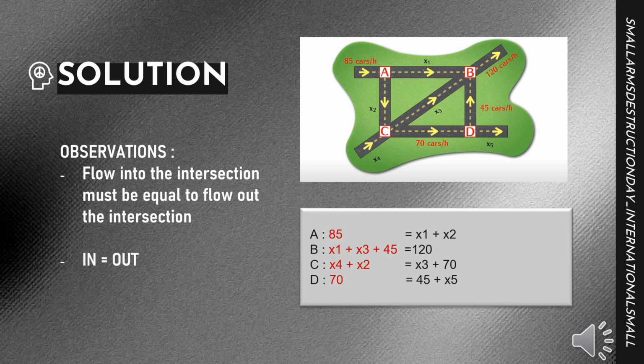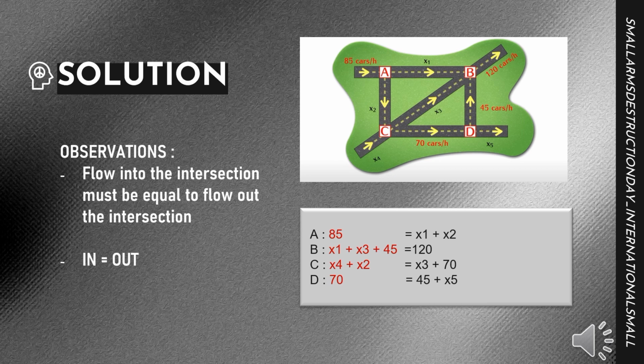Now, we will use these two observations to set up some equations. The first one is that flow into the intersection must be equal to flow out of the intersection. And the next one is that total flow in must be equal to total flow out. Based on the observations, for intersection A, it has only one street that brings cars in, which is 85 cars per hour, and this must be equal to the flow out of the intersection.